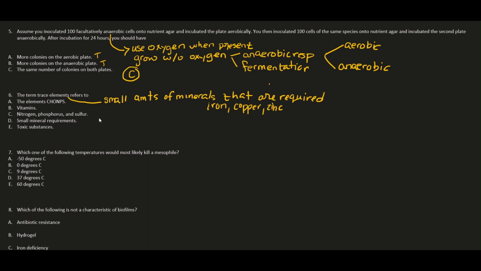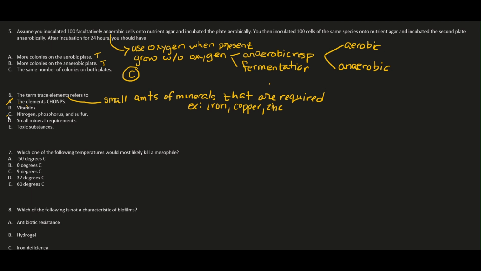we can go back to our options. A, the elements CHONPS, that's carbon, hydrogen, oxygen, nitrogen, phosphorus, and sulfur. And since that's not one of the examples that I gave, it cannot be A. And so we can go down to C, nitrogen, phosphorus, and sulfur, which is in CHONPS.